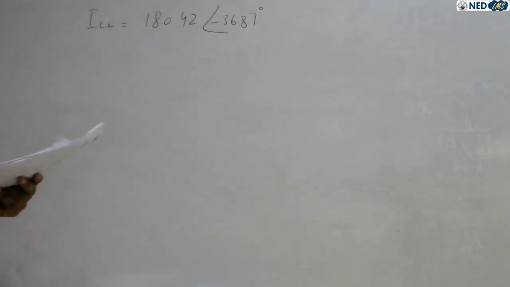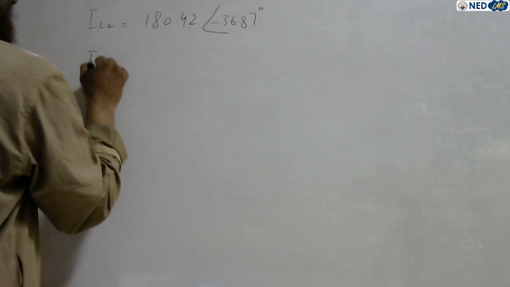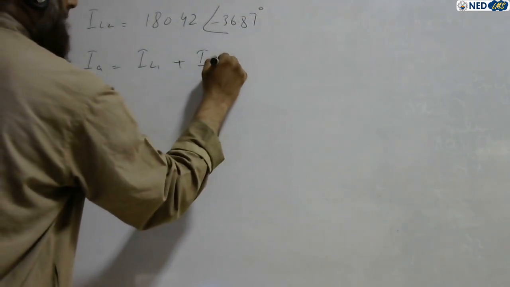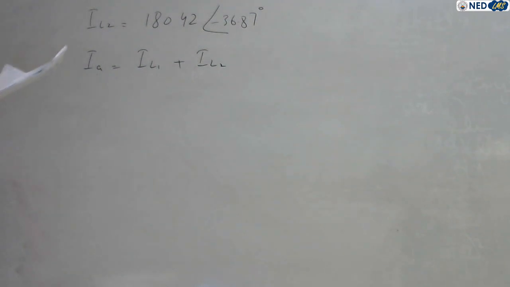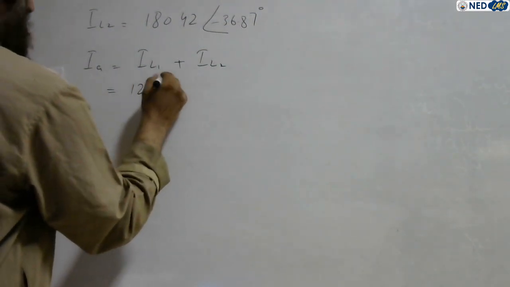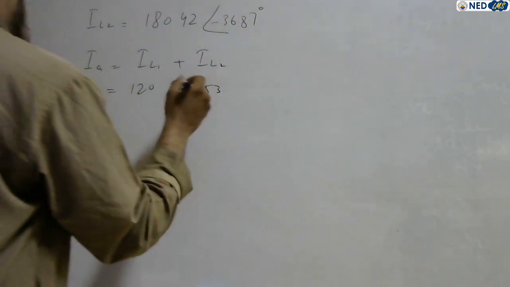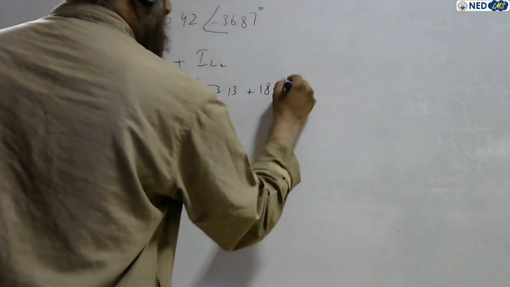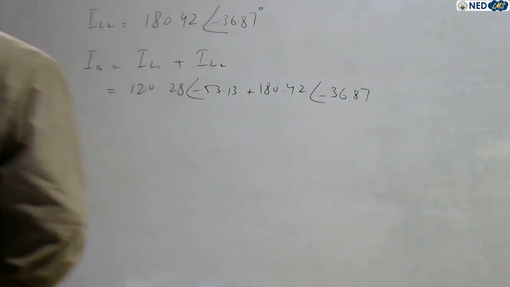It was also asked what the total line current is. The total line current is the sum of the line current from load 1 and the line current from load 2. Just sum up these two currents: 120.28 angle minus 53.13 plus 180.42 angle minus 36.87.